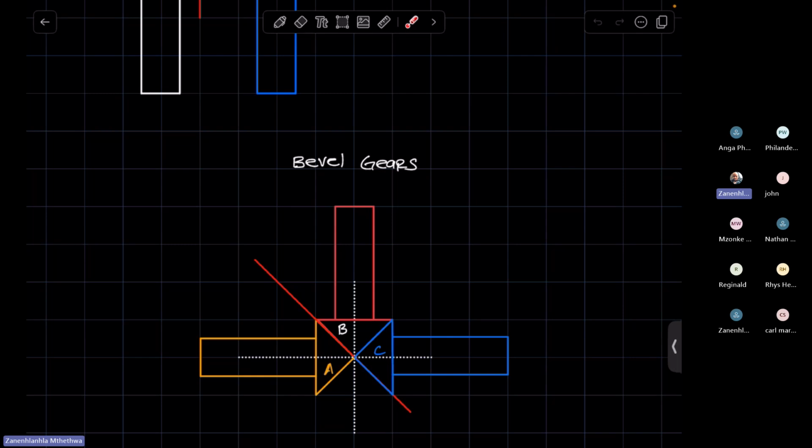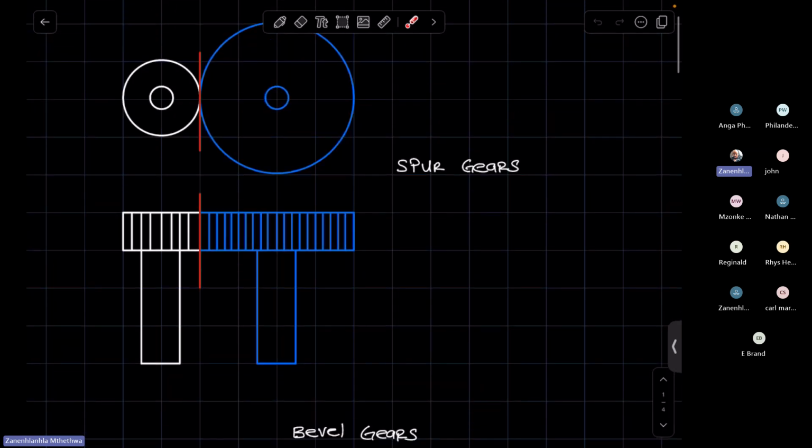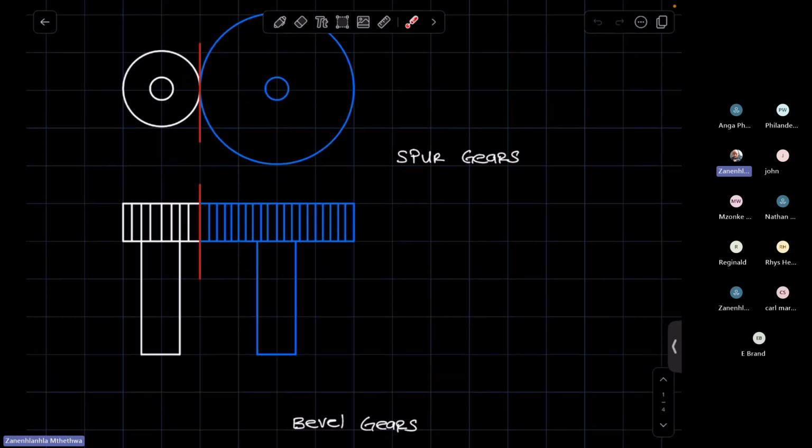Now, the major difference between bevel gears and spur gears is that with spur gears, if you have a pinion meshing with a gear wheel, so if you have two spur gears meshing, when they rotate, if one is rotating clockwise, the other one is definitely going to rotate anti-clockwise.